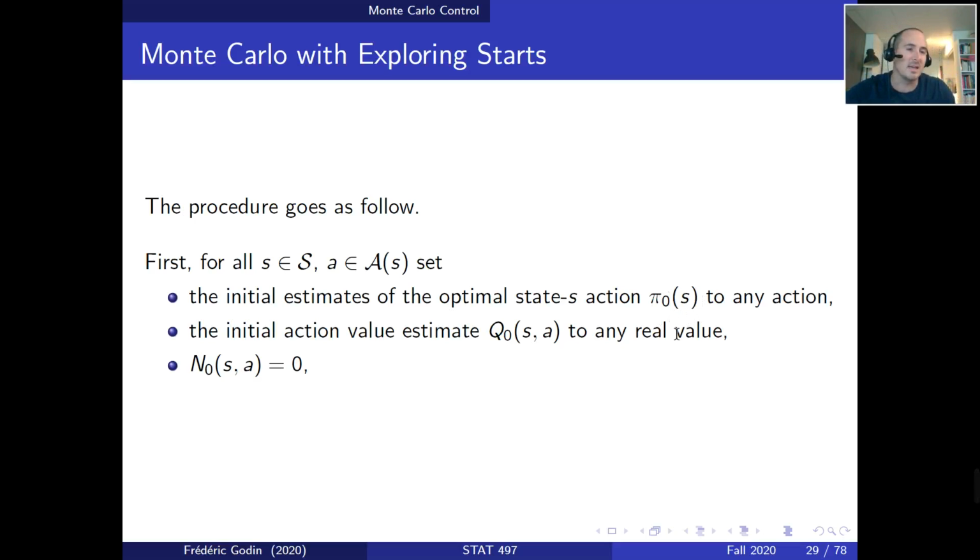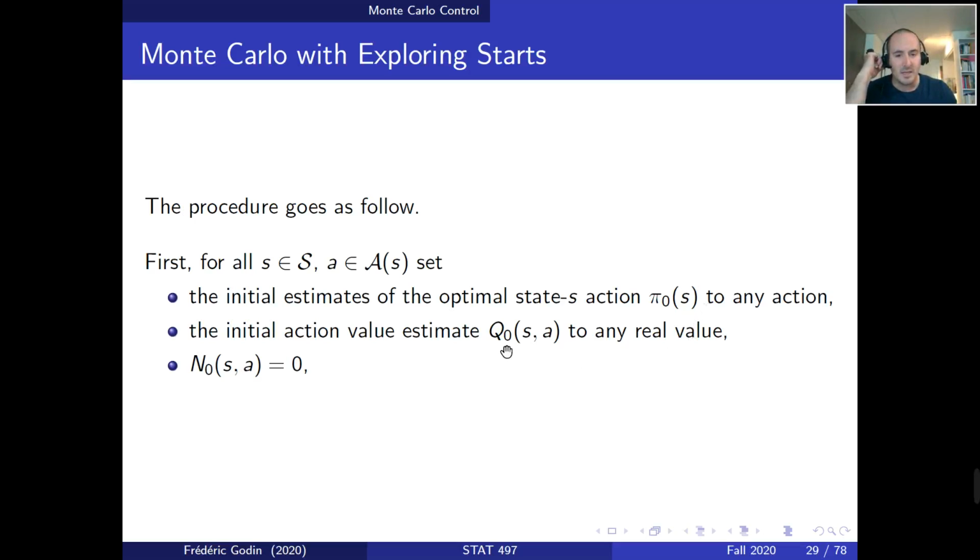The 0 stands for the initial estimate of your policy, so pi_0(S) is the action selected by the initial policy in that state.